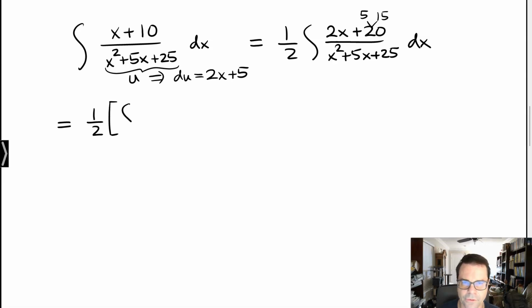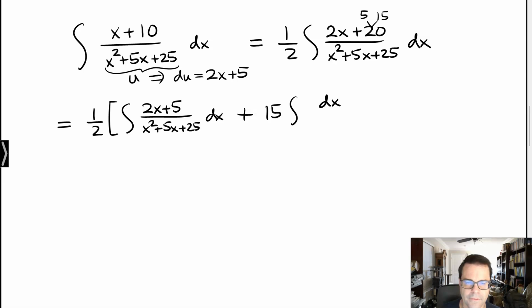In other words, I'm going to split it up as 1/2. Then I'm going to have the integral of 2x plus 5 over x squared plus 5x plus 25, plus, and then I have just the 15 over this.